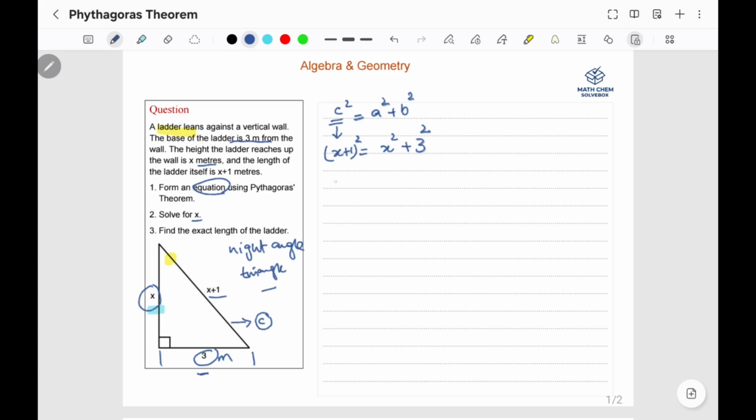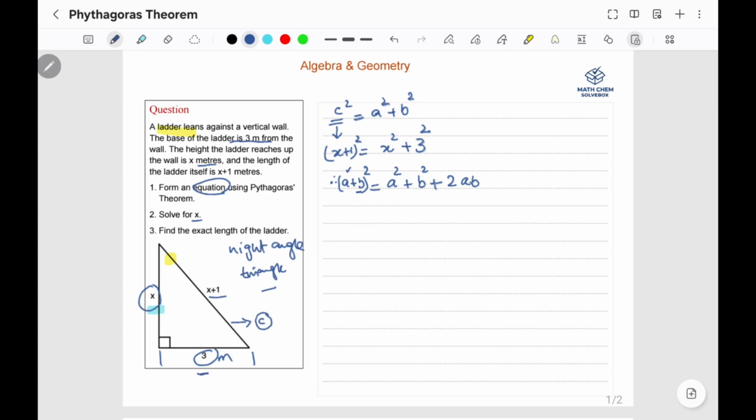This is whole square, and we know a plus b whole square equals a square, the square of the first term, plus b square, the square of the second term, plus, because here we have plus, 2 times a times b.